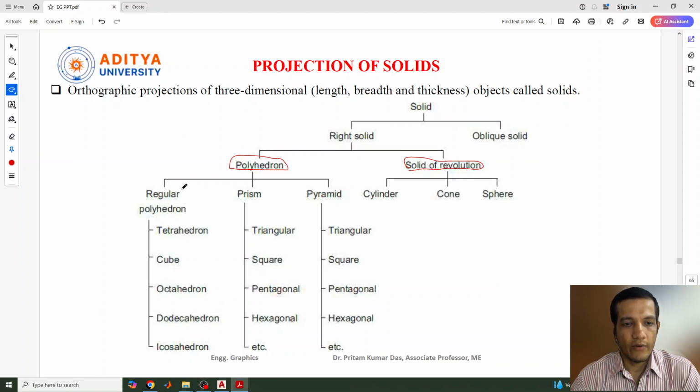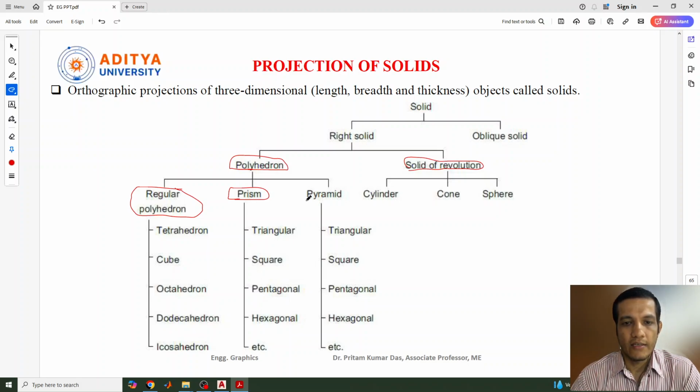First is the regular polyhedron. The regular polyhedron has different types, like tetrahedron, cube, octahedron, dodecahedron and icosahedron. Under prism there are different types, like triangular prism, square prism, pentagonal prism, hexagonal prism and many more.